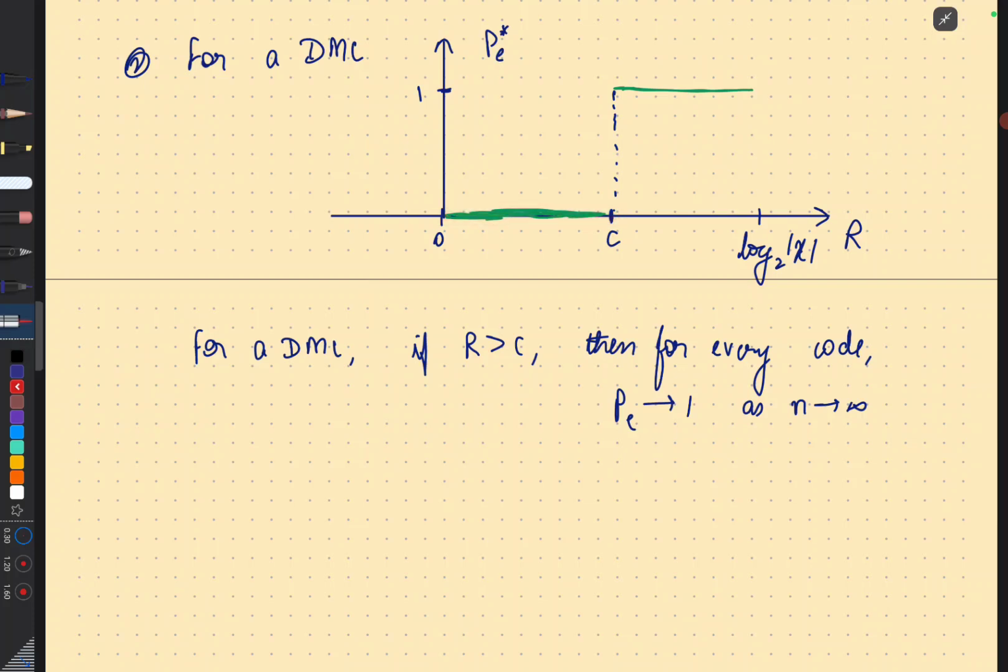If I operate at a rate even slightly above capacity, then for large n, the probability of error for the best possible code at that rate will be very close to 1. So there's a sudden jump in the best possible performance when going from a rate below capacity to a rate that is just above capacity.